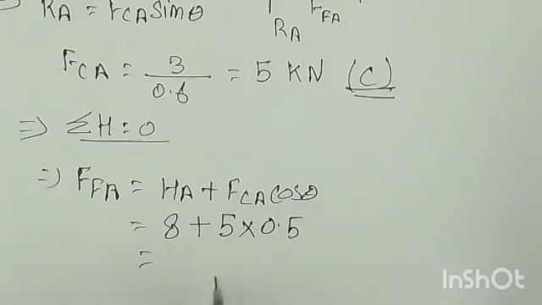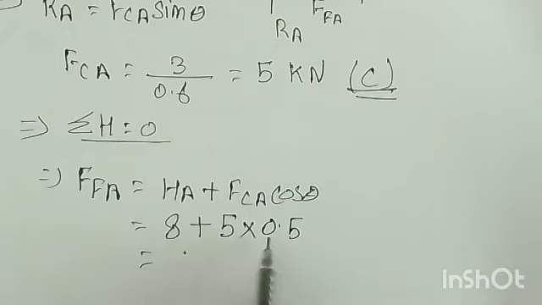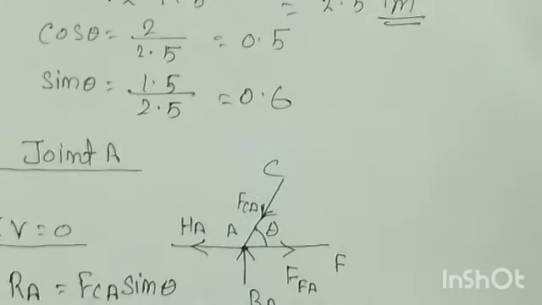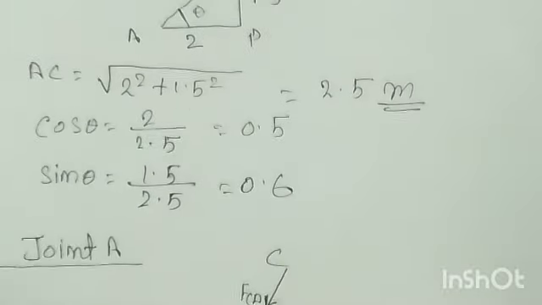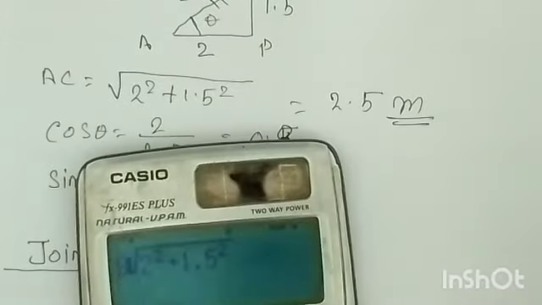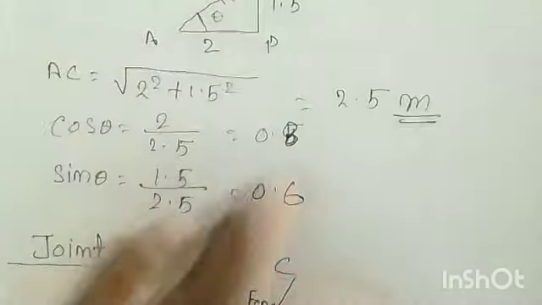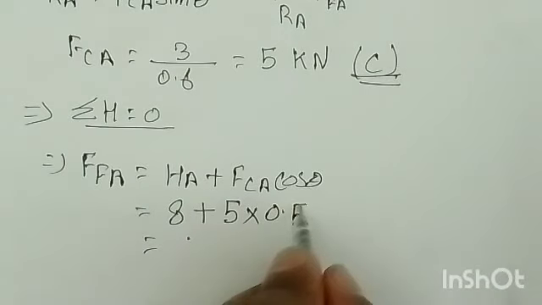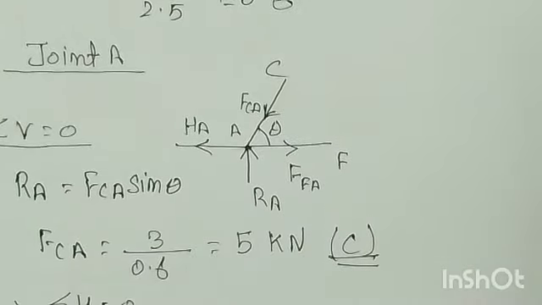Sorry, this is 8 plus 5, sorry, this is the 0.8 that will come, 2 divided by 2.5. Yes, 0.8. So this force will be 12 kilonewton. And how is it? That is tensile. So you can write it here T.